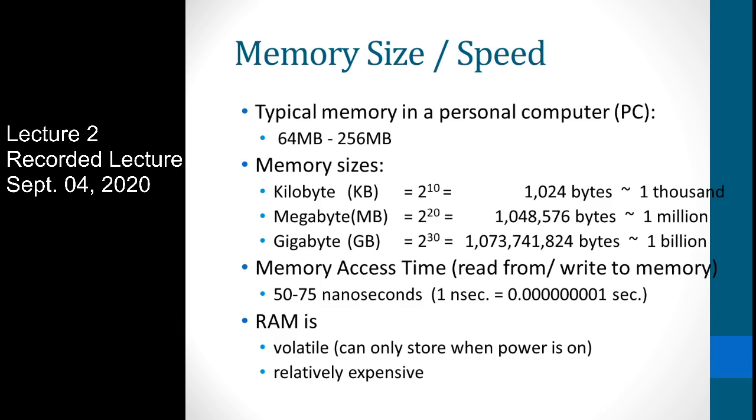Kung ikukumpara mo ang bilis ng processor sa hayop, siya ay cheetah. Yan. Alam niyo naman ang cheetah. And ang hard drive, kung ikukumpara mo sa hayop ay pagong. Okay? Imagine, na-perceive niyo yung pagkakaiba ng bilis nila. Imagine niyo, sasabayan ng processor yung hard drive.